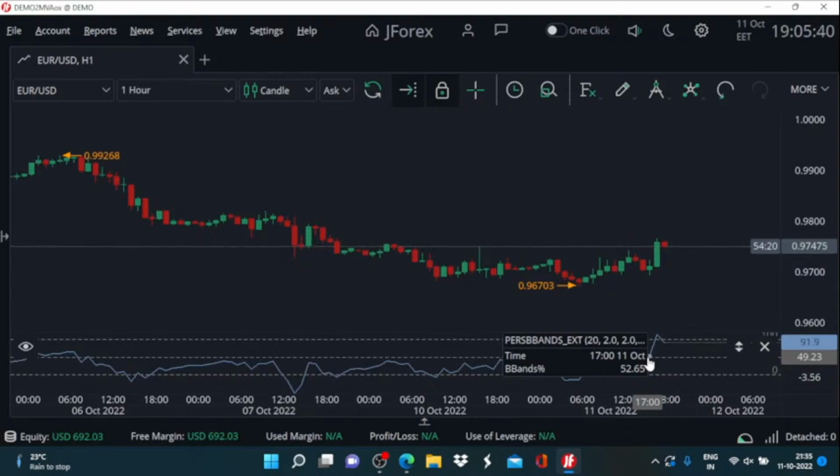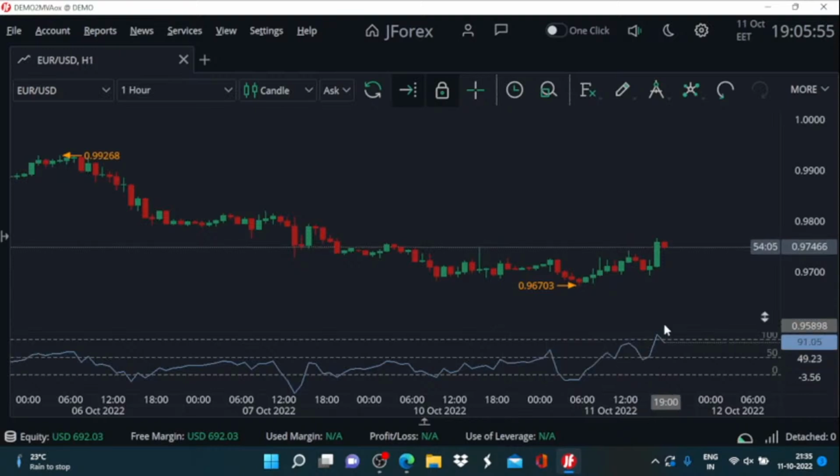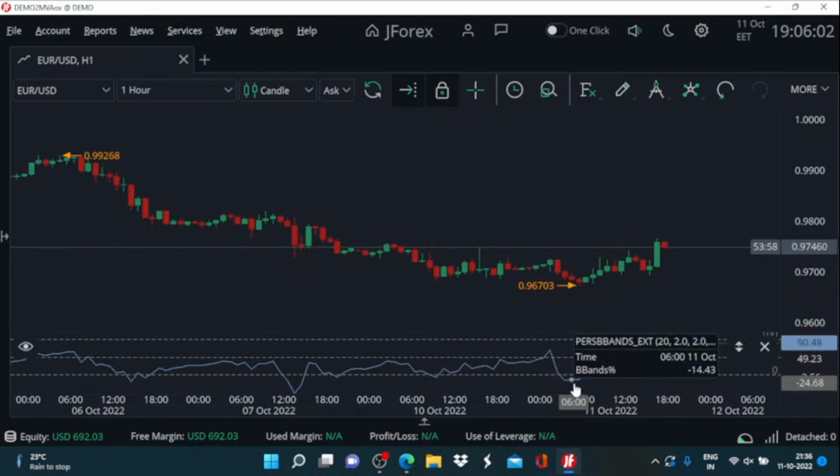And in this derivative version of the Bollinger Band, we see where the current hour's closing price is happening, and if it is above the upper band, then we will have the output of percent Bollinger Band above 100, and if we have the closing value of the current hourly candle below the lower band, then we will have the output below 0, in negative territory.